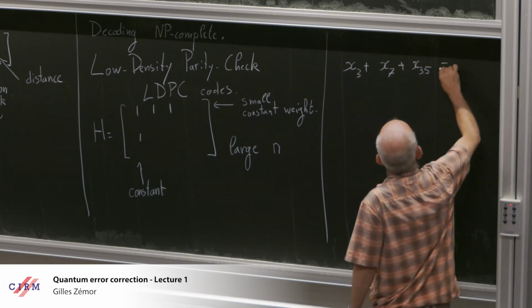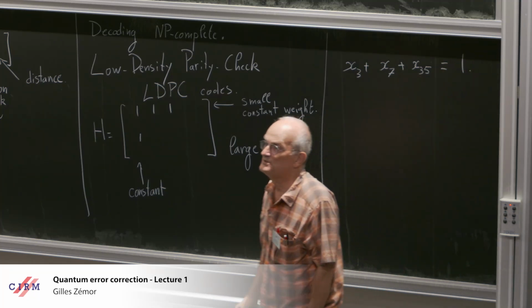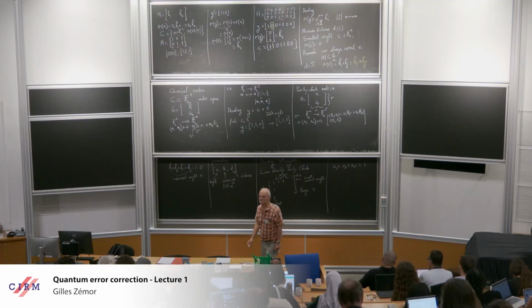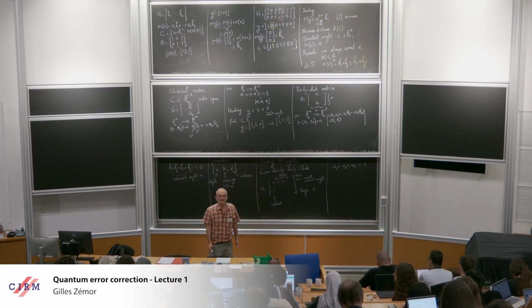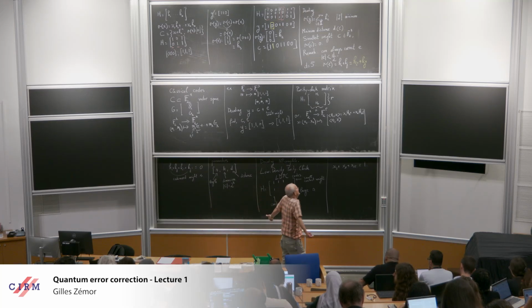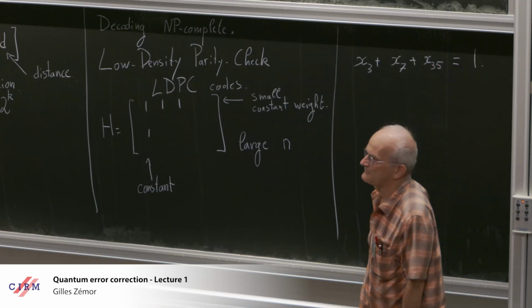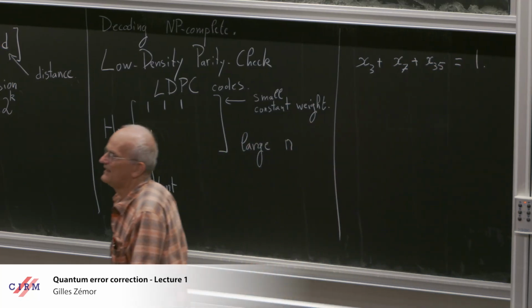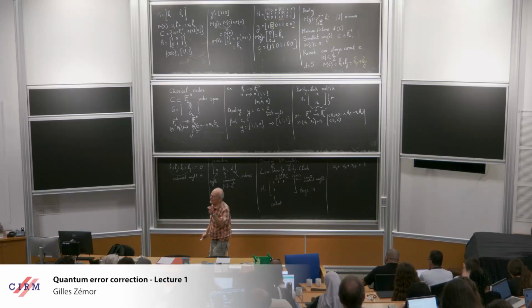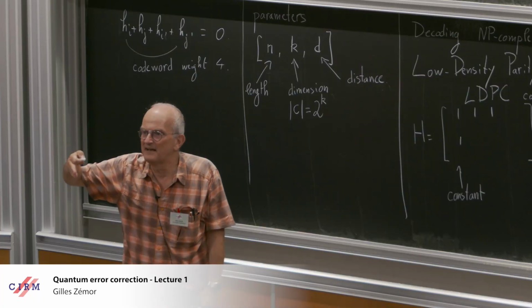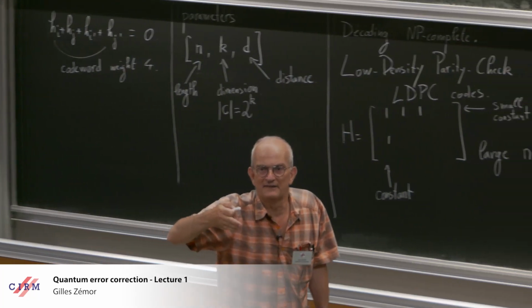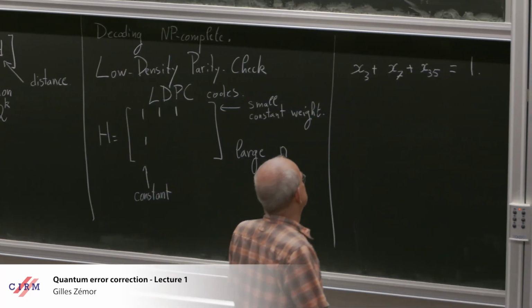It should be equal to 0, but when you compute it, you may get a 1. And if you get a 1, what does it mean? It means that you have at least one error in positions 3, 7, or 35. So you haven't exactly localized an error, but you've done nothing, and already you know that there's an error either in position 3, 7, or 35, and that's already a lot of information.